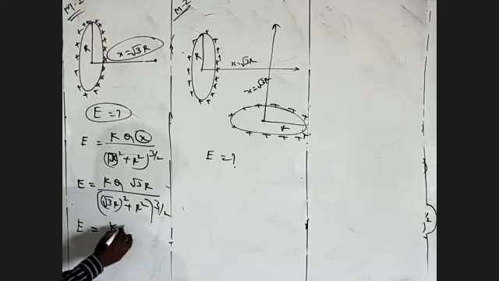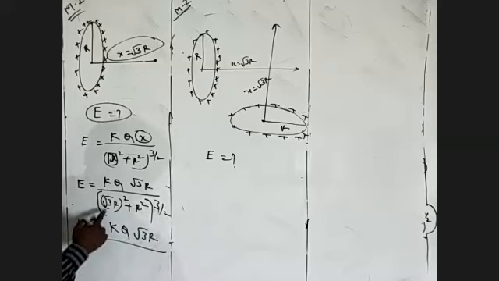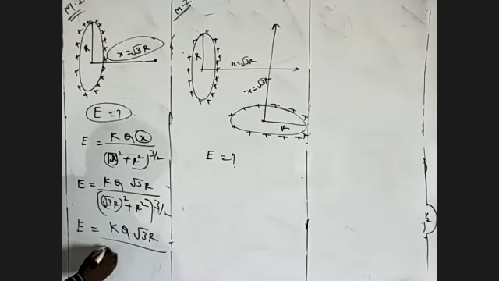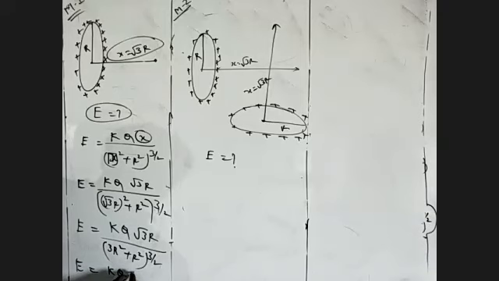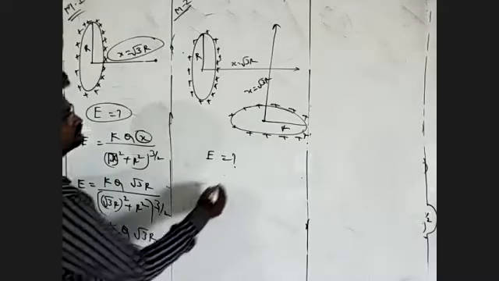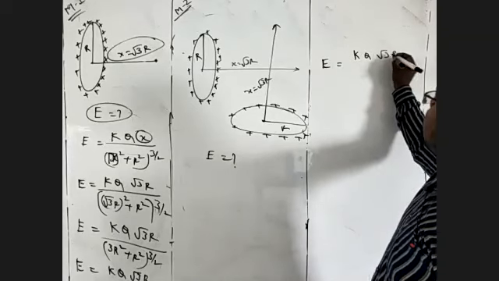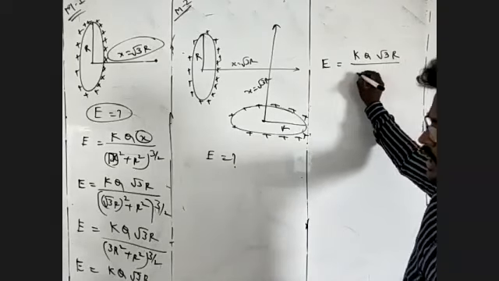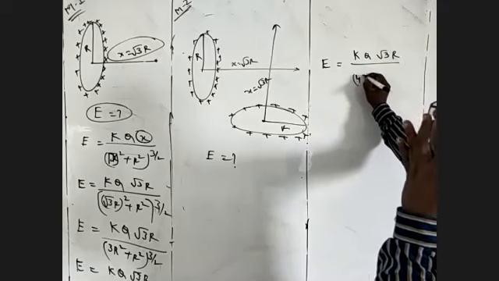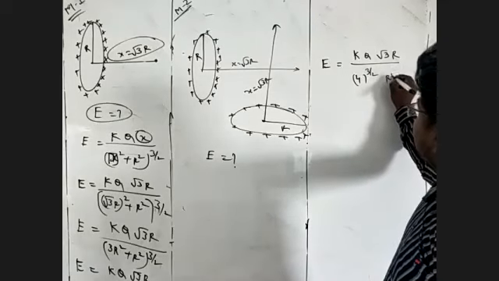Now E is equal to kq root 3 r by (3 r square plus r square) whole power of 3 by 2. So that is E is equal to kq root 3 r by (4 r square) whole power of 3 by 2.